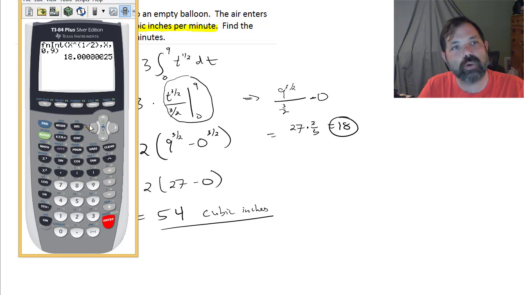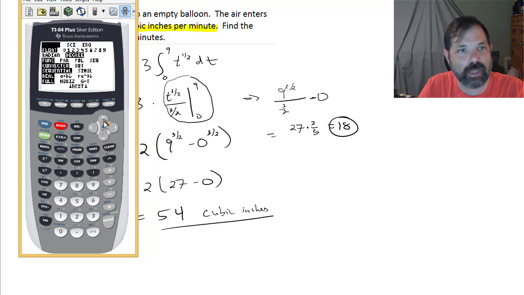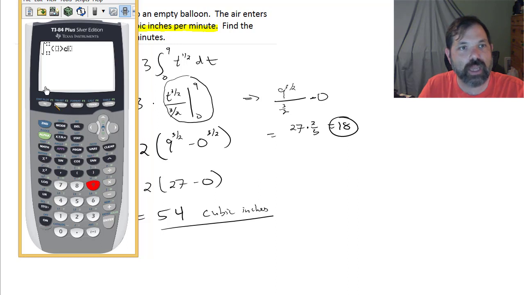Now, if you have a newer version of the TI-83 or 84 calculators, it may be in what's called the math print mode, where it makes things look nicer. If I switch the calculator over to math print mode and I hit math and the 9th option, it brings up that nice little integral format template, and we just type in the 0 and the 9, and the x to the 1/2.